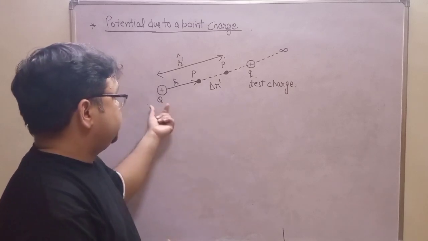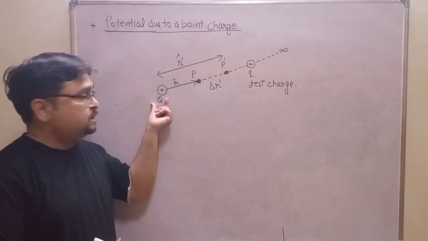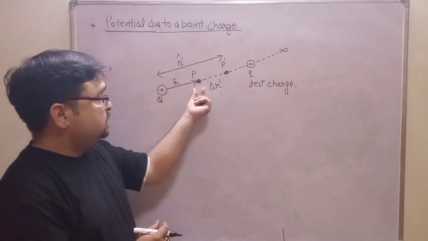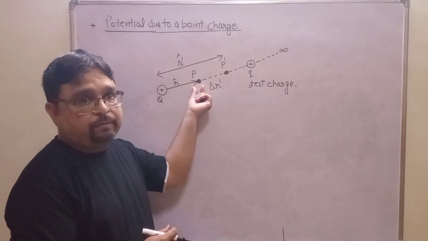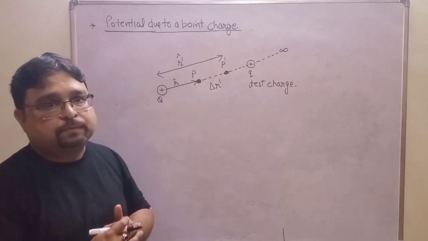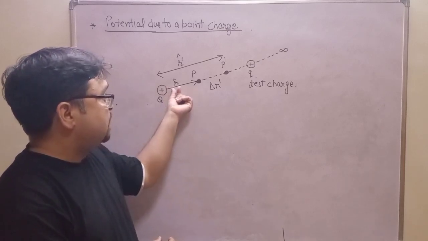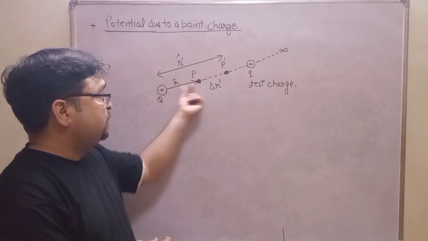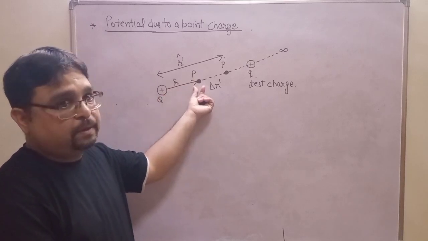In this diagram, there is a charge capital Q which is fixed and it is at the origin, and this is the point P where we want to calculate the potential due to this charge capital Q. This is small r and this is the unit vector pointing towards this point P.